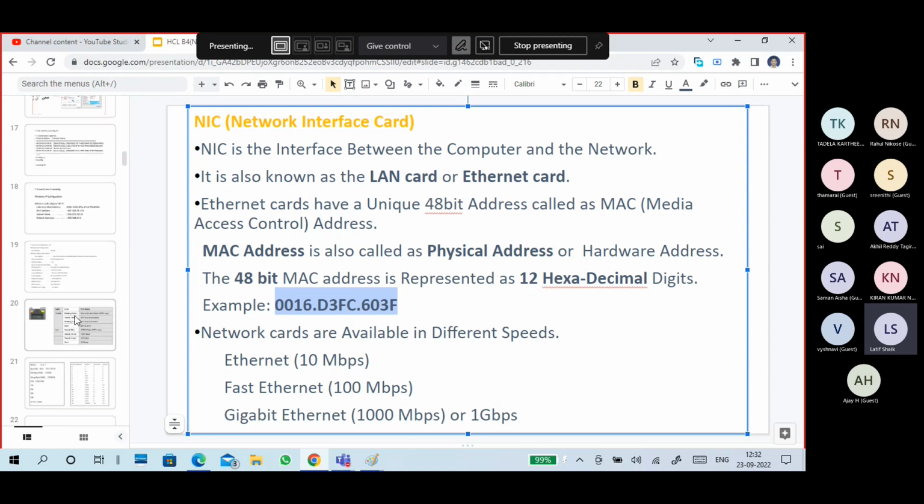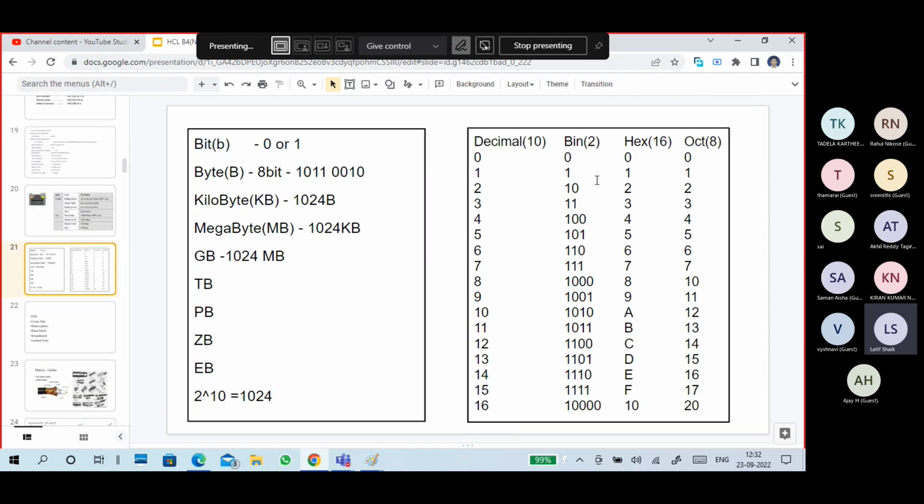Hexadecimal format always has 0 to F digits. It starts with 0 and ends with F in a single-digit manner. Like in decimal, 0 starts and 9 is last; after 9, 10 comes, which is a 2-digit number, but up to 9 it is a single-digit number.